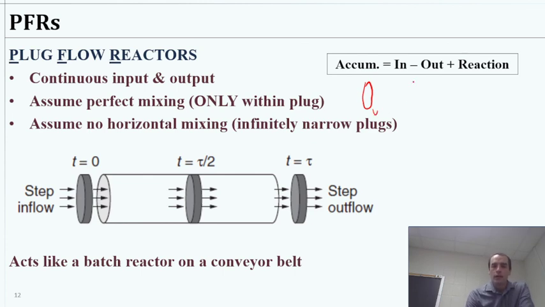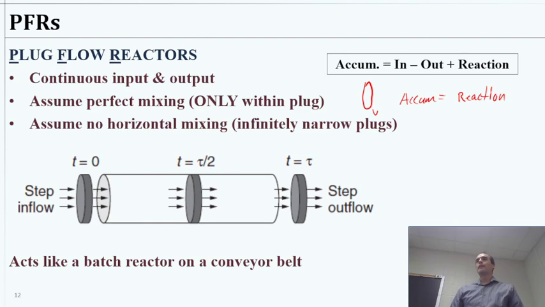With a very, very tiny volume, whatever accumulation there is, in that plug we're going to say there are no inputs or outputs. That's just going to be the reaction. So essentially we'll treat it like a batch reactor.